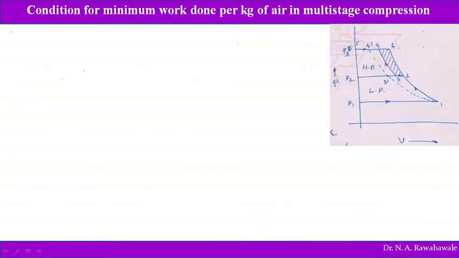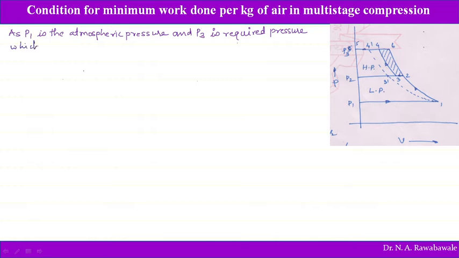So we can write that P1 is the atmospheric pressure and P3 is the required pressure, which are constant. These two pressures are constant.